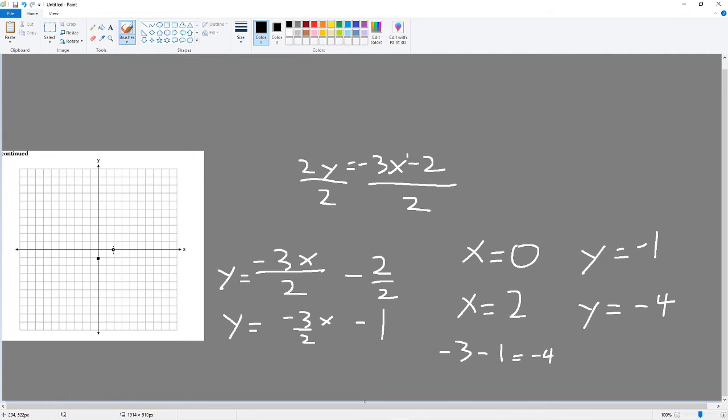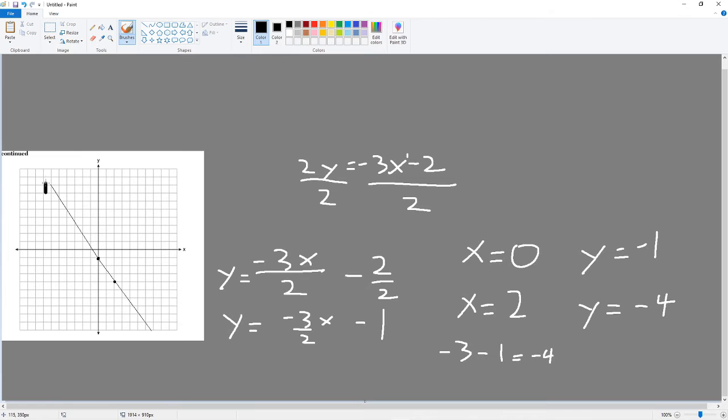So this is 2, negative 4, which is 1, 2, 3, 4. Okay. And now we should draw a line. Okay, so that's pretty much our line there.